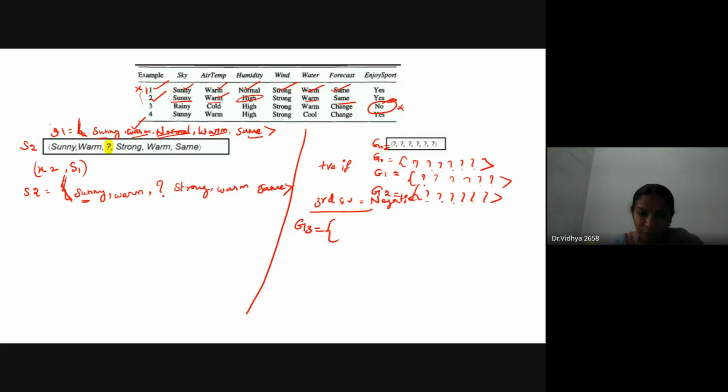So I will write G3 now, and you can refer to the final hypothesis we received from the positive instances. What is the final hypothesis we received from the positive instances? It is sunny, warm, question mark, strong, warm, and the same. So here we need to calculate G3 like this.